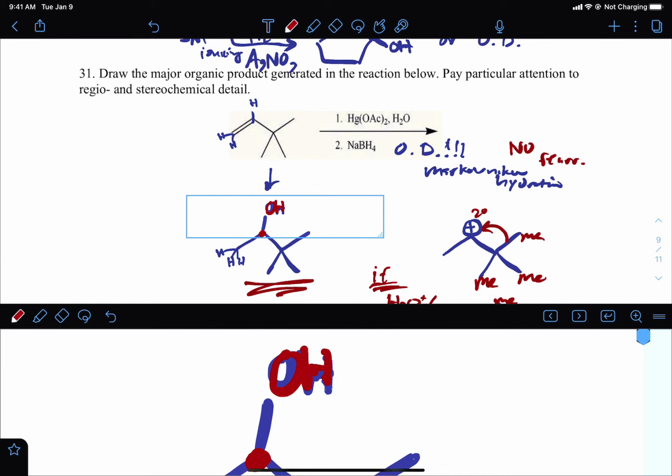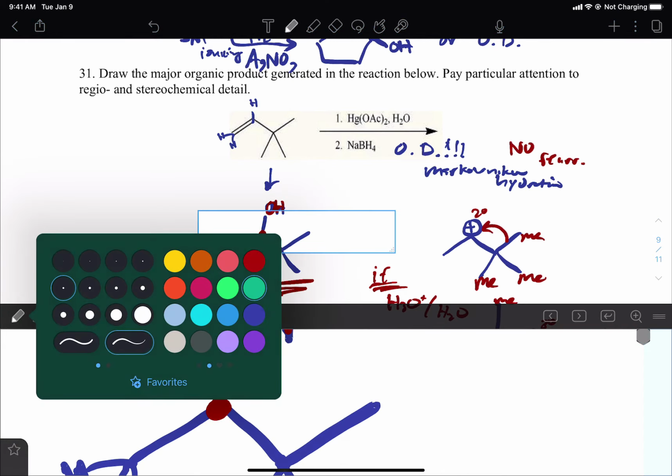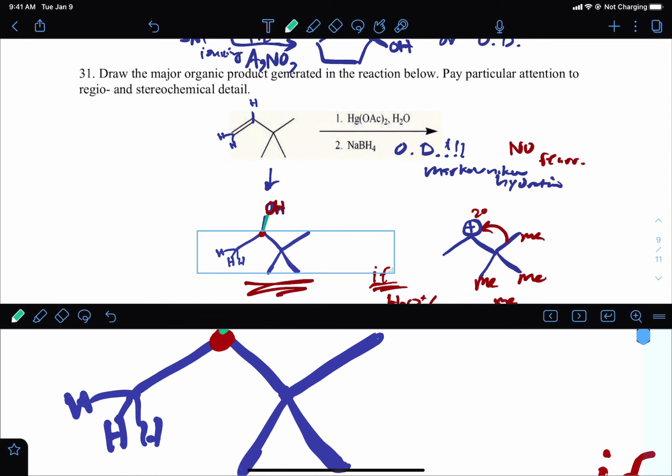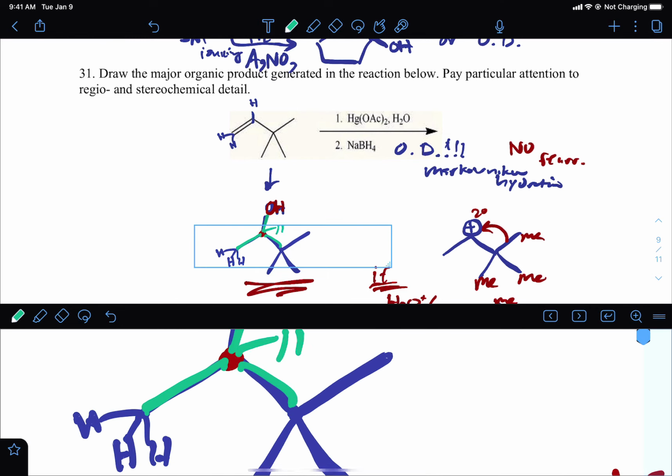This is also a stereocenter. We've got the bond to the O. We've got the OH. We've got a bond to a methyl. We've got a bond to the t-butyl group. And we've got an H. So we've got 4 different groups.